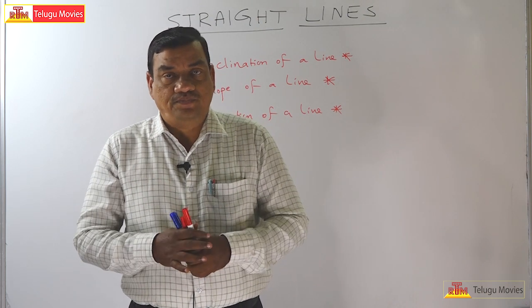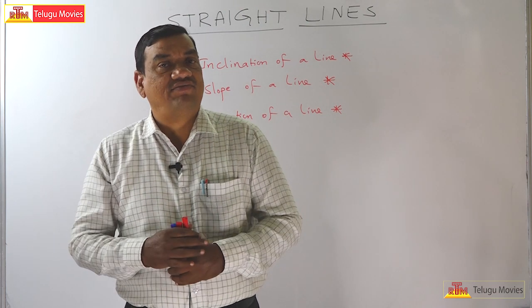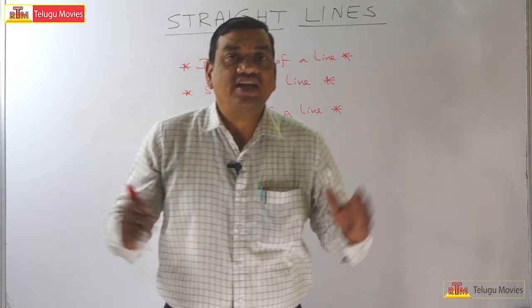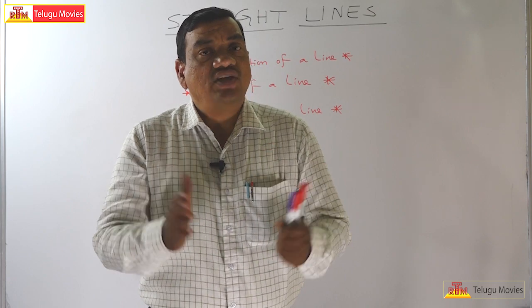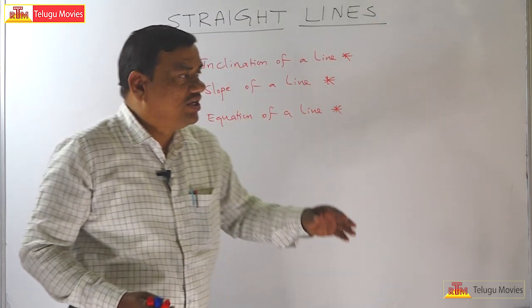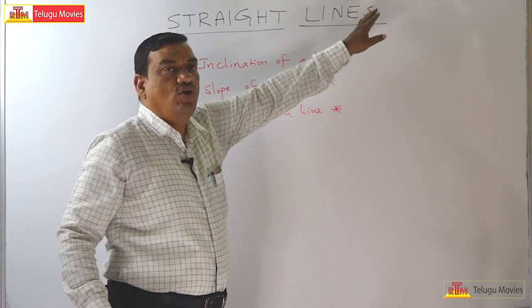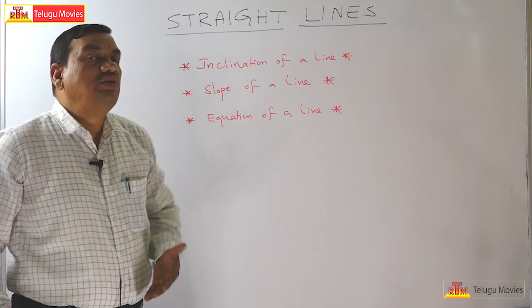A ray has a definition, an angle has a definition, but a straight line has no definition. The only way we get the idea is by taking any edge of a table. For example, the edge of this blackboard gives the idea of a straight line.